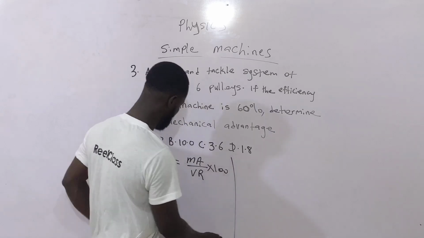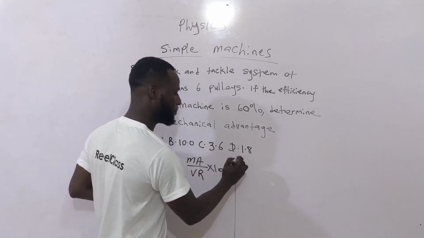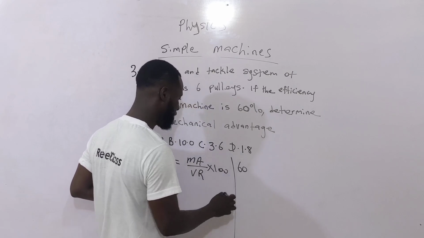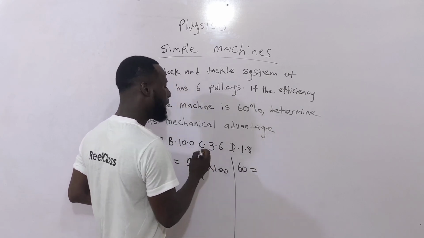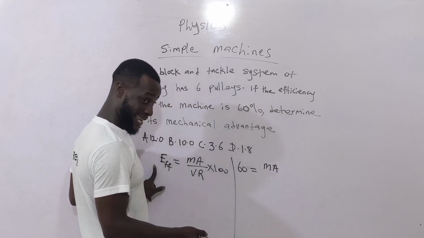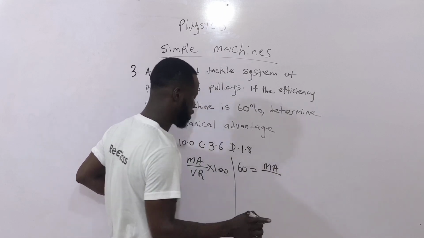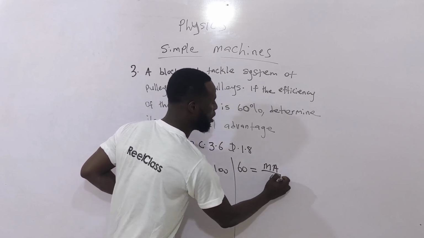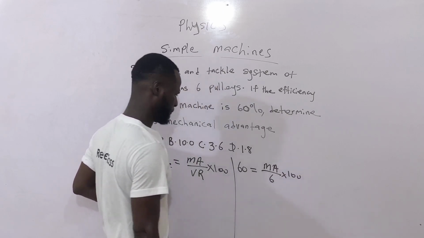Plugging this in, efficiency is 60%. So we have 60 is equal to mechanical advantage, which we do not know and we are looking for, MA. Velocity ratio is 6, all times 100.